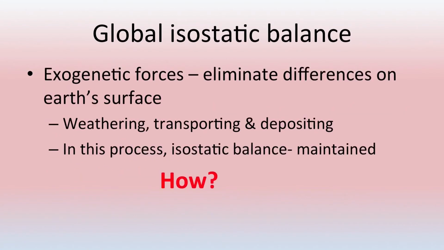So, exogenetic forces also eliminate differences on the earth's surface through weathering, transportation and deposition, and in this process isostatic balance is maintained. Endogenetic as well as exogenetic forces, both of them maintain isostatic balance. How is this done?